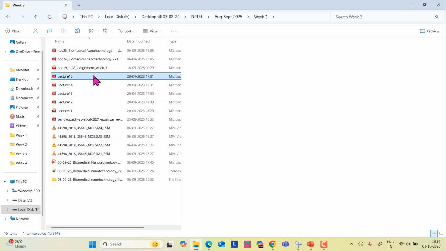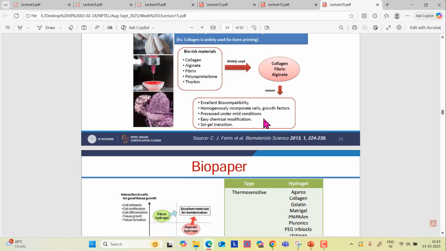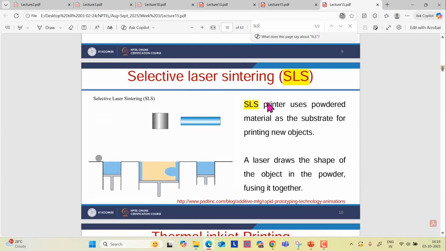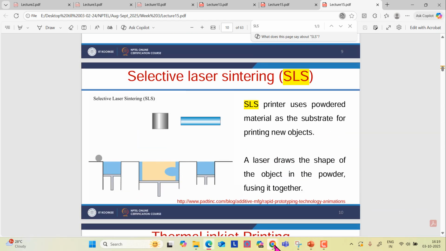Yes, I think also it is true. Yes, a printer uses powdered material as a substrate for printing new objects. A laser draws the shape of the object in the powder, fusing it together. So this is true.